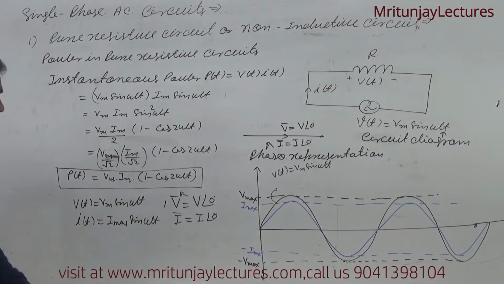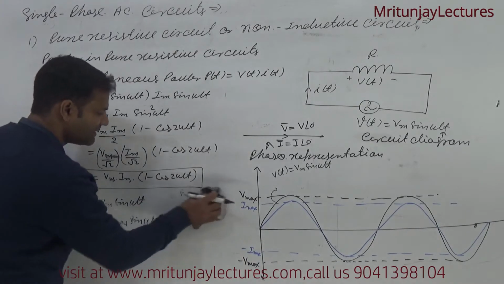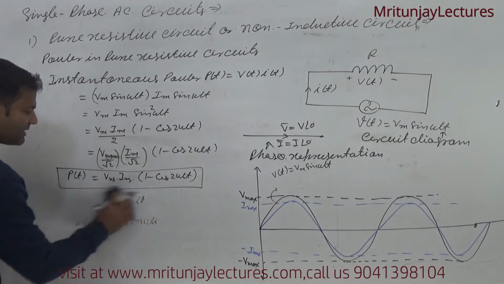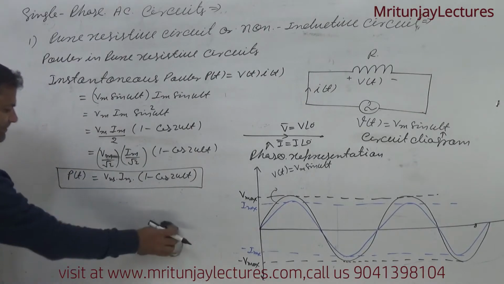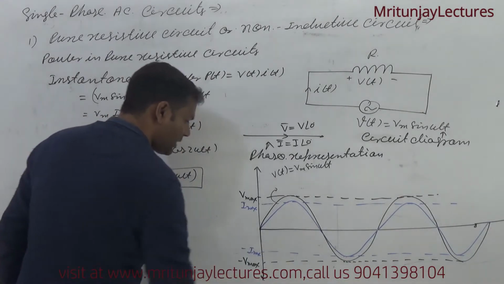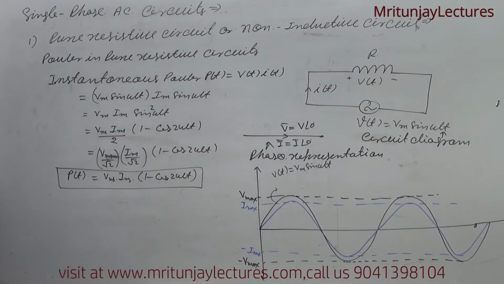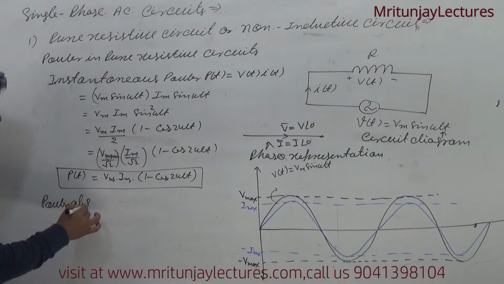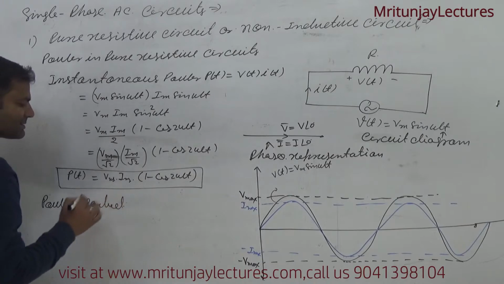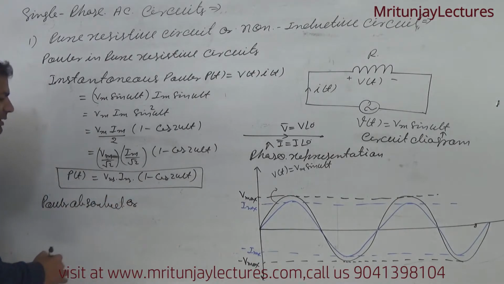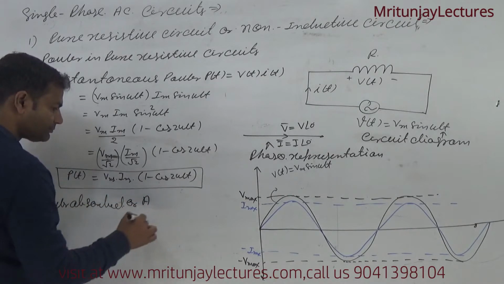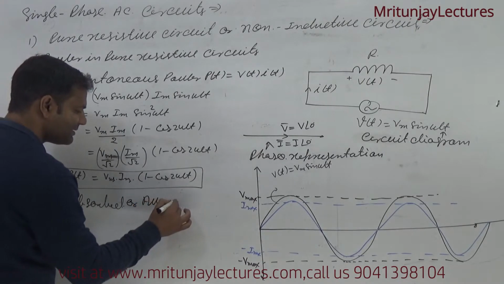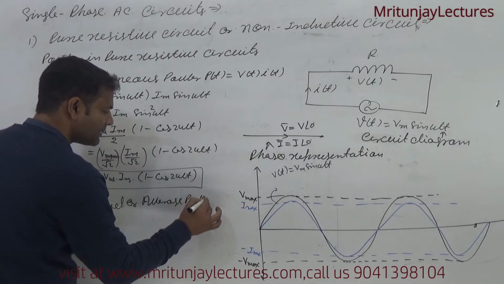Okay, now the next target: most of the time they ask for average power, or power absorbed by the circuit. Power absorbed or average power, both are the same thing.